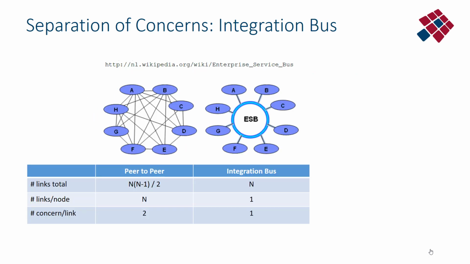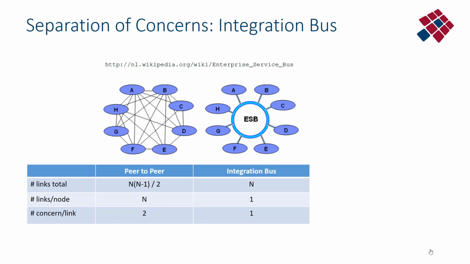If you look, for instance, at the integration bus, you see a clear pattern where there's a combinatorial effect on the left-hand side and not on the right-hand side. Because if you would add another module in a peer-to-peer architecture on the left-hand side, it would mean you would have to implement 8 new connections to the 8 existing modules. If you would add only a module at the right-hand side, you would only have to implement a single connection to the unified bus.